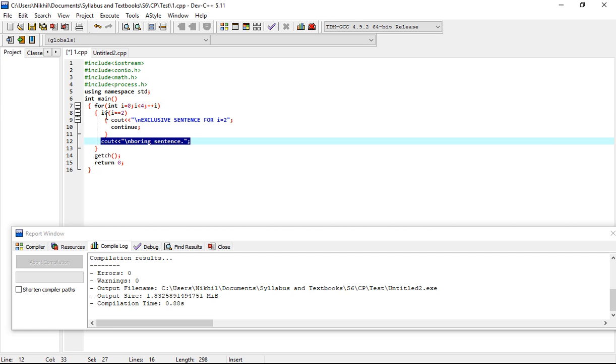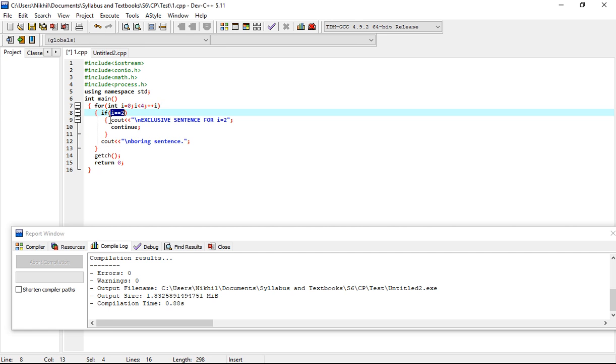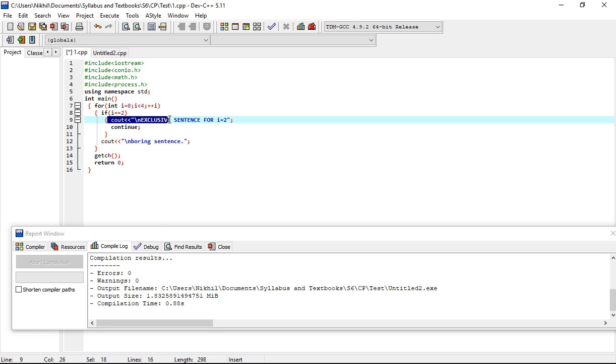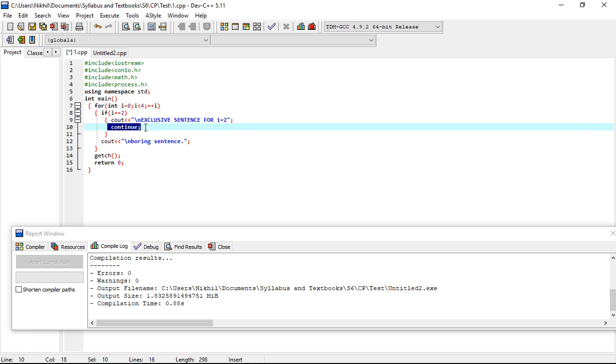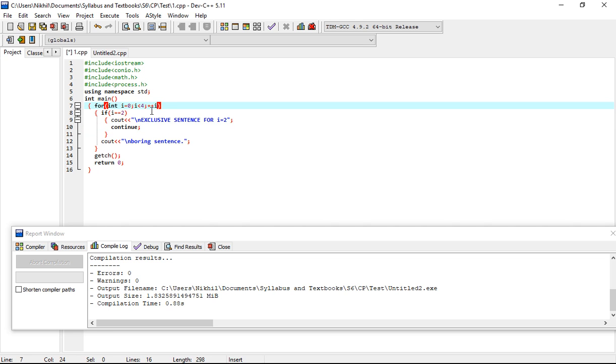When it reaches 2, this condition is satisfied, so it displays this sentence, and right after that C++ sees this continue. So C++ is like, okay fine, it told me to continue, so I don't have to look through the rest of the loop. I'll go to the next iteration of the loop, and so it cuts from here and jumps over here, right?